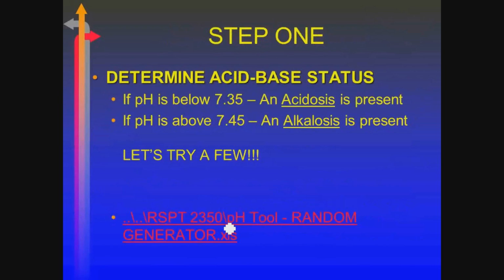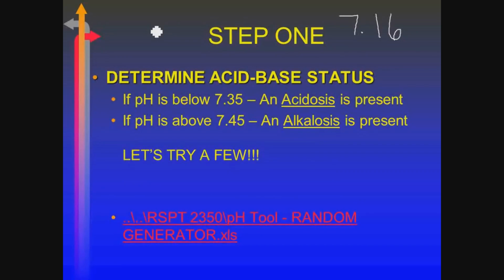So I need to take a look at a blood gas, and I need to classify it. First step is always to take a look at the pH. Less than 7.35, acidosis. Greater than 7.45, alkalosis. Between 7.35 and 7.45, normal. So if I said my pH was 7.16, what do I have?